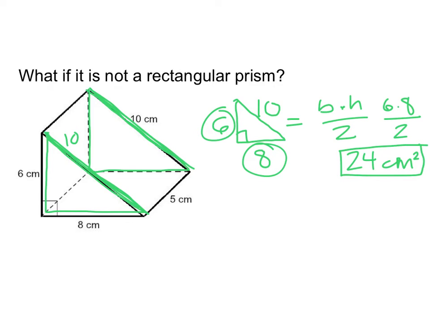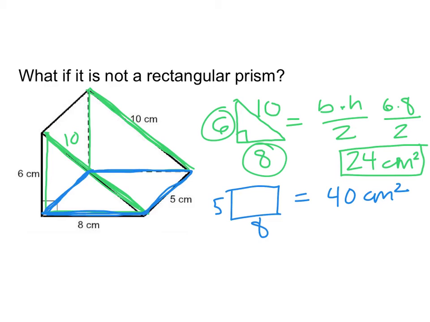Next, I'm going to do the different rectangular faces. So I'll do this one that's on the bottom here first, which is not the base, right? The base is the triangle. And that is an 8 by 5 rectangle. So that one has an area of 40. And then I have this back one here, which is a 6.